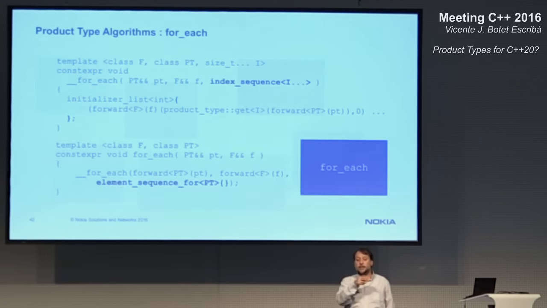I expect that the application of index 0 is done before the application to the index 1 and so on. For that, we could use initializer list, because initializer list ensures that the order is preserved. If we wanted a for each that doesn't have this constraint, we could use something else.